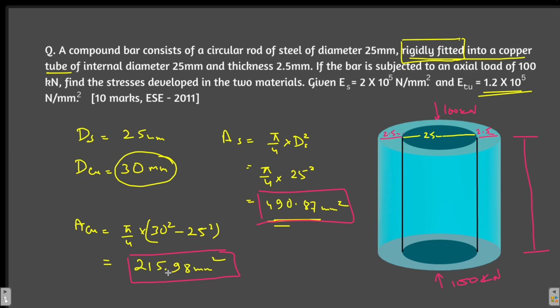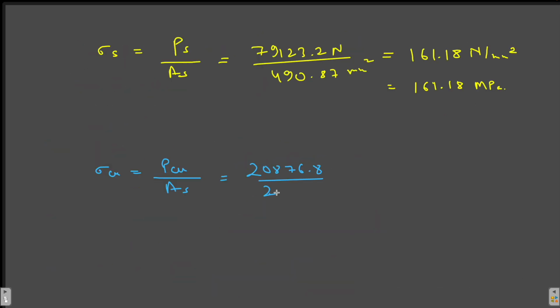Area of copper was 215.98, and that will give you, let me just calculate it out. This is in newtons, it is in millimeter square. 20876.8 by 215.98, that will give you 96.66 megapascals. It is newton per millimeter square, and that is megapascals.